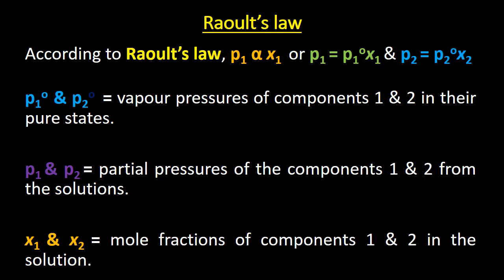Here P1 naught and P2 naught are the vapor pressures of components 1 and 2 respectively in their pure states, and P1 and P2 are the partial pressures of the components 1 and 2 from the solutions. x1 and x2 are the mole fractions of the components 1 and 2 in the solution.